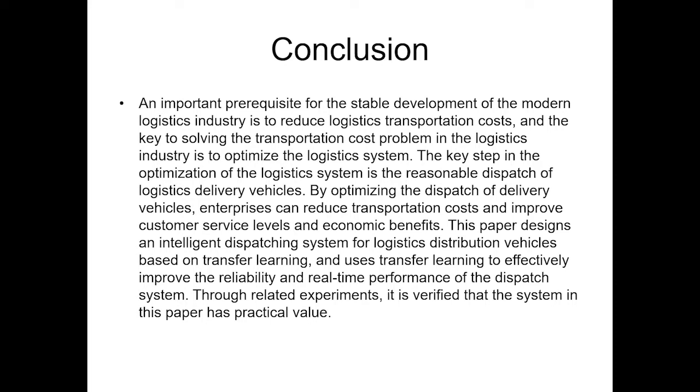The key step in the optimization of the logistics system is the reasonable dispatch of logistics delivery vehicles. By optimizing the dispatch of delivery vehicles, enterprises can reduce transportation costs and improve customer service levels and economic benefits.